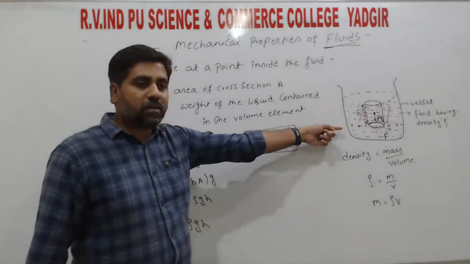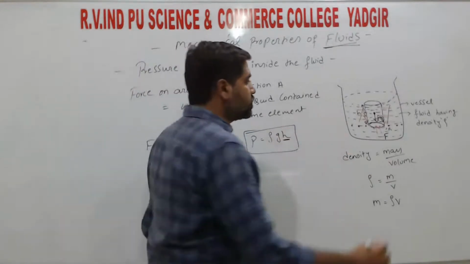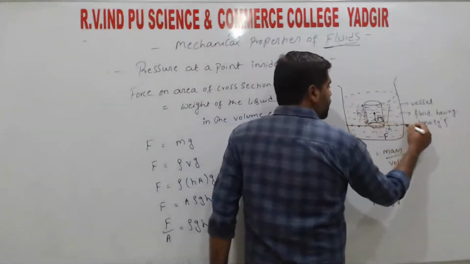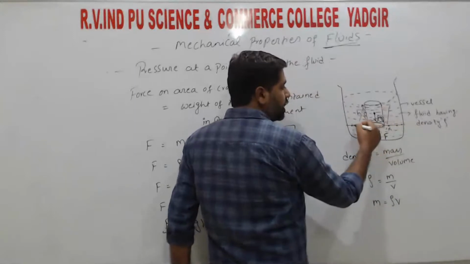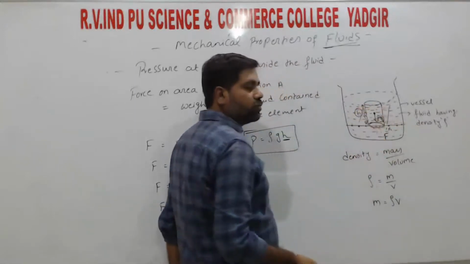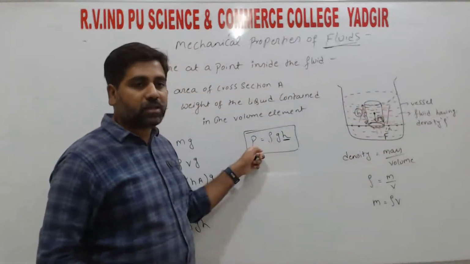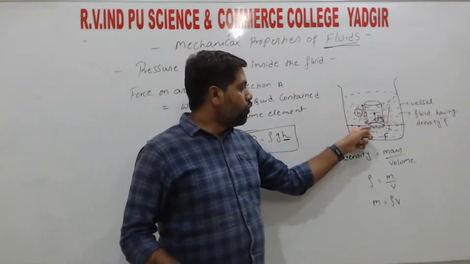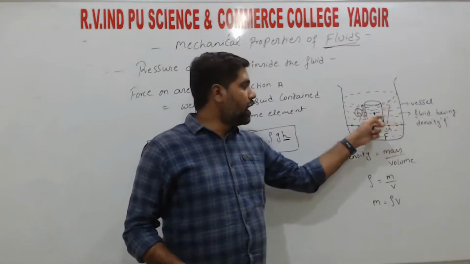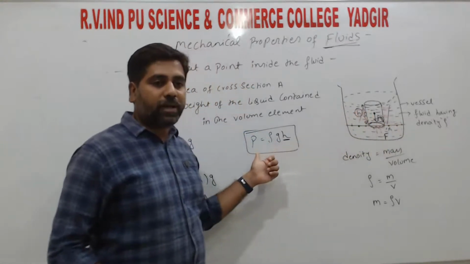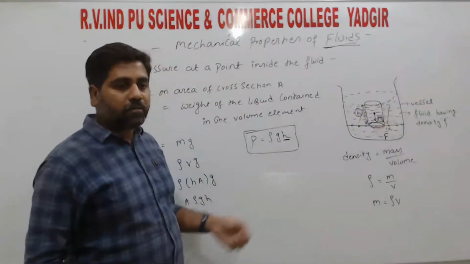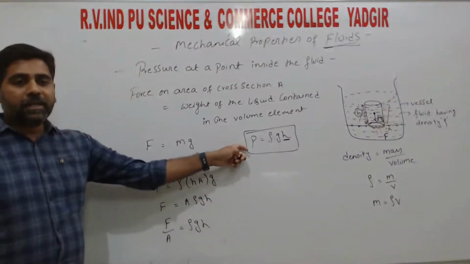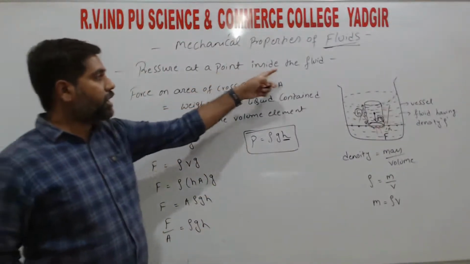So here we consider it as depth. At any point at the same depth h inside the fluid, the pressure will remain the same, right? So this is the expression for the pressure at a point inside the fluid.